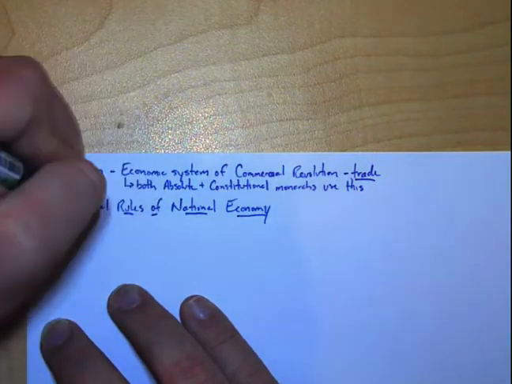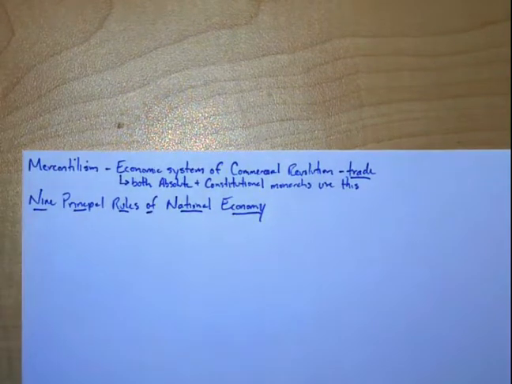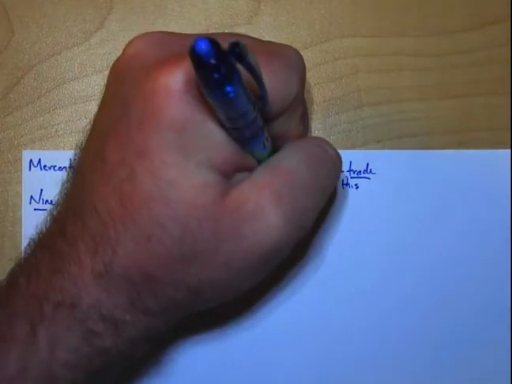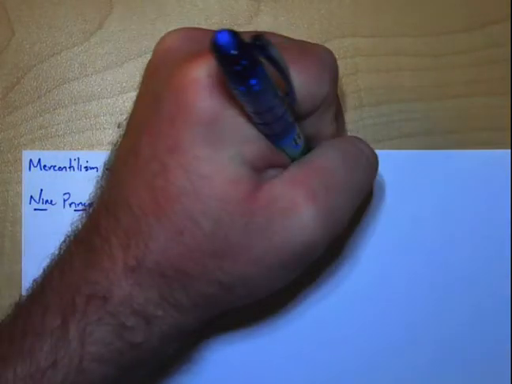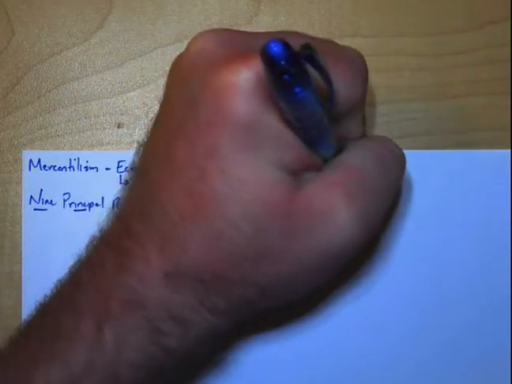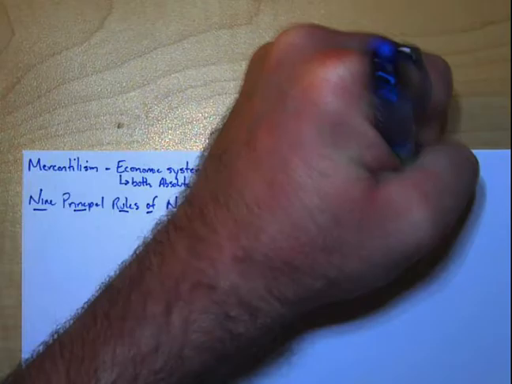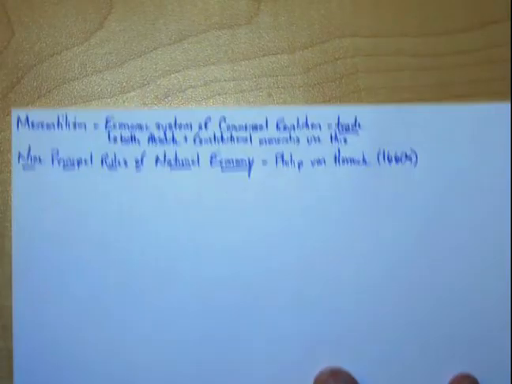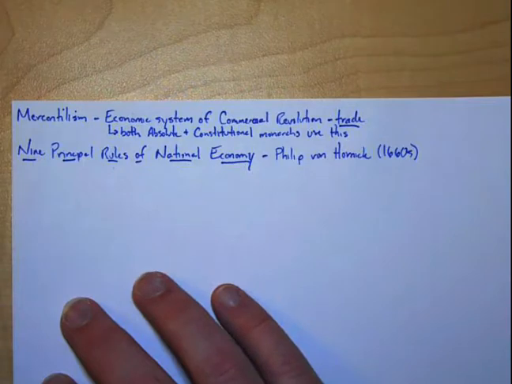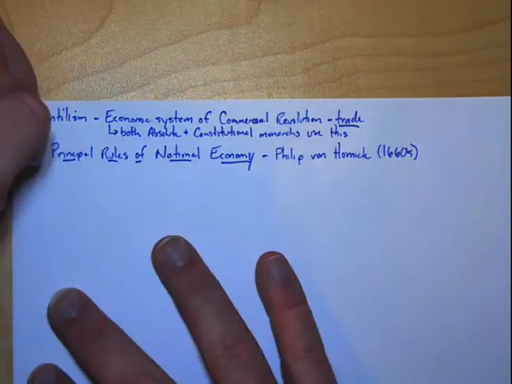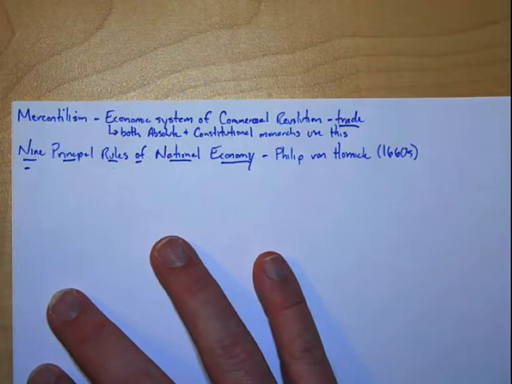I believe it was an essay written by an Austrian guy named Philip von Horneck. I want to say this was written in the 1660s. I'm not going to have you read this. I might put this up on Canvas for you to read later. But just quickly, I'm going to summarize the rules real fast.